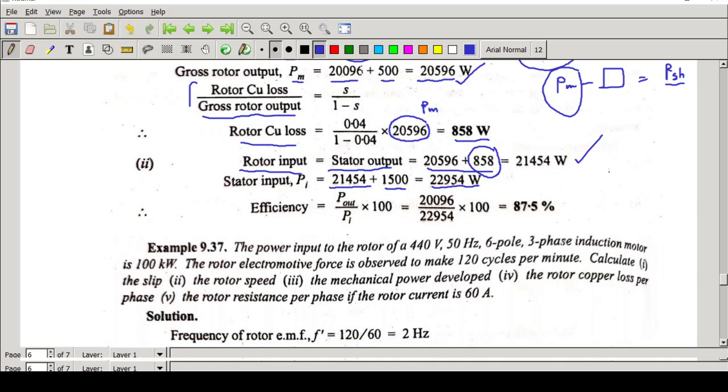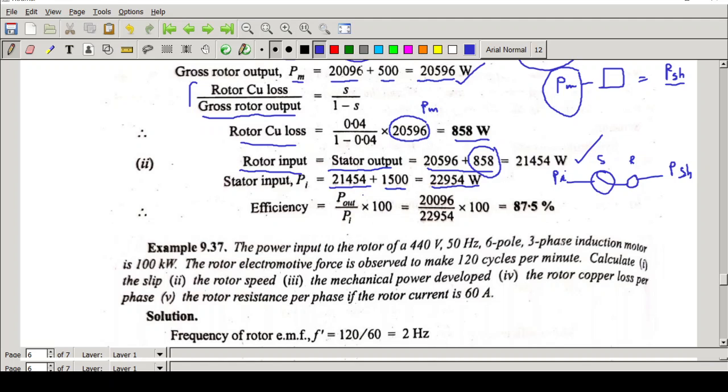So if we consider this induction motor as a machine, this is the stator and this is the rotor. Here it is the stator input power which is Pi, and here we have the shaft output power Po or PSH. So PSH by Pi into 100 will give the efficiency.